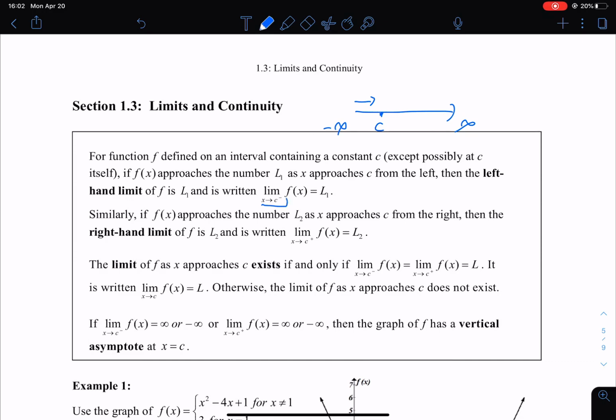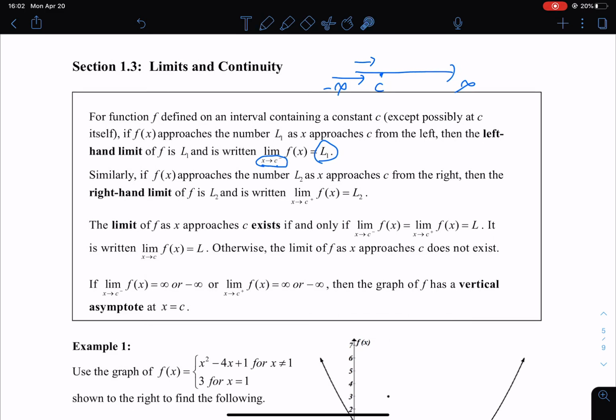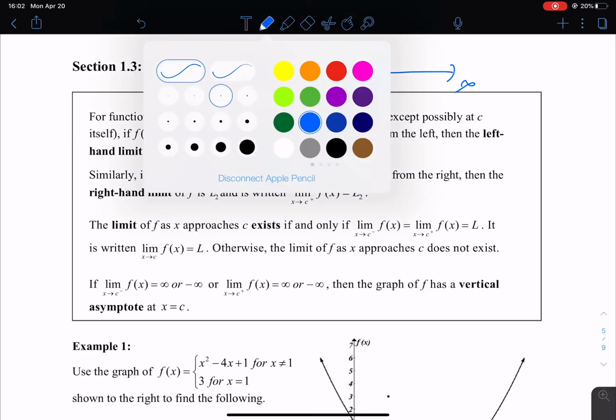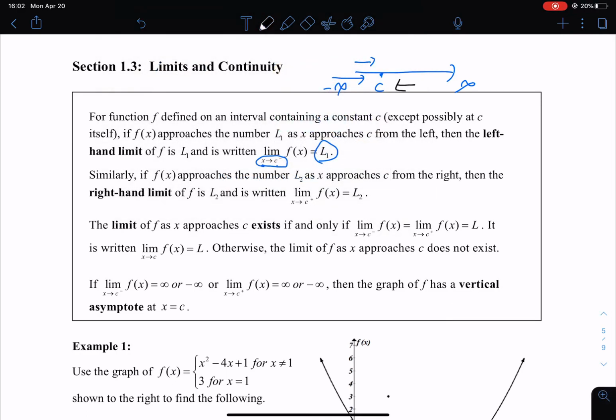So in the notation here, x goes to C minus, which means we are going from negative infinity to point C from the left side. And if the limiting value exists, then it's just L. And similarly, we have the right-hand limit. x goes to C plus. C plus just means we approach C from the right side, from positive infinity. And then this is the left-hand limit.